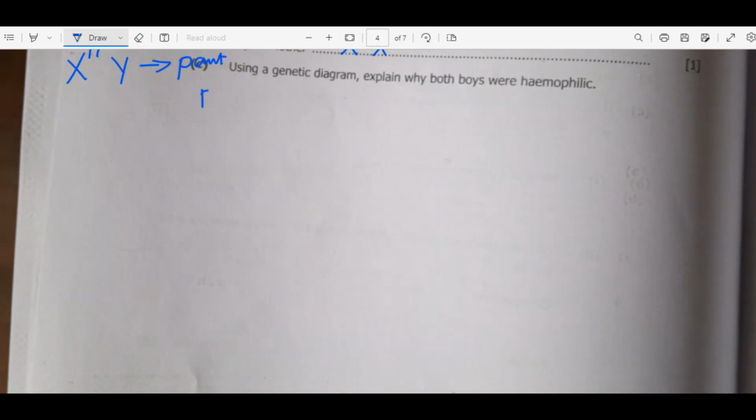So let's say parental, or just say parents. For the parents, let's begin with parental phenotype. Let's begin with the man.